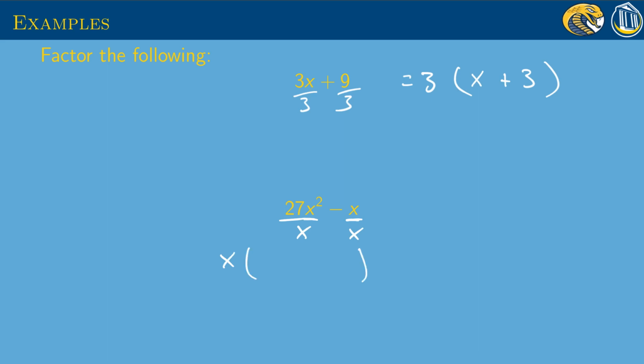When we pull an x out of 27x squared, that leaves just 27x to the 1, or just 27x usually, minus, and if we take x and divide it by x, we aren't left with nothing, we're left with 1. Once again, we can verify that this is right by using the distributive property to see if we get the original expression.